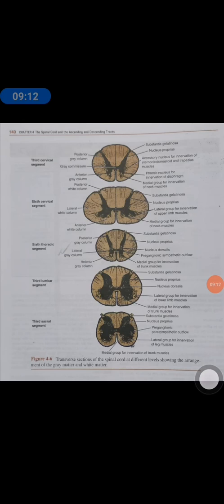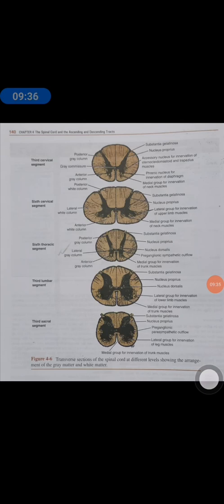Nucleus proprius carries proprioceptive sensation, that means muscle and joint sense. Nucleus dorsalis also carries proprioceptive sensation, and the visceral afferent nucleus carries sensations of touch, pain and temperature from the viscera.